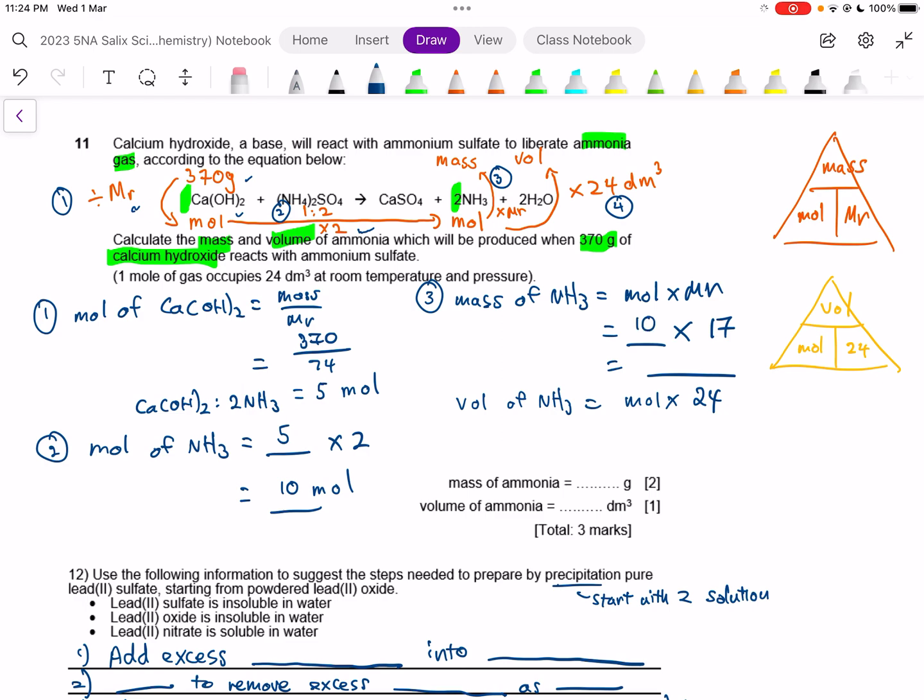Mole is 10, MR is 17, so 170 grams. Coming to step number 4, I use the mole, which is 10 also, multiplied by 24, so I get 240 dm cube. And there you go, I'm done with question 11.